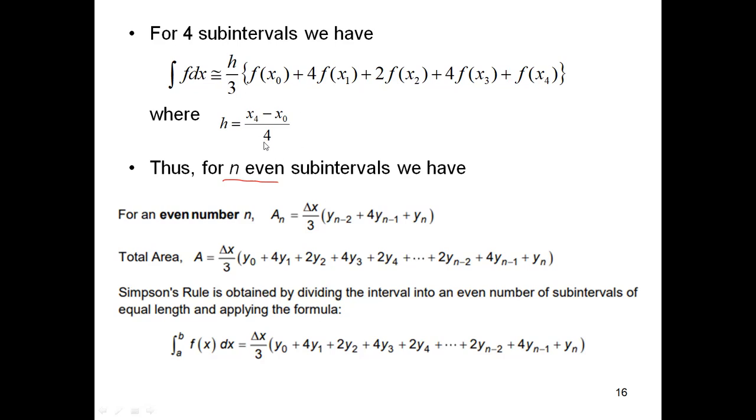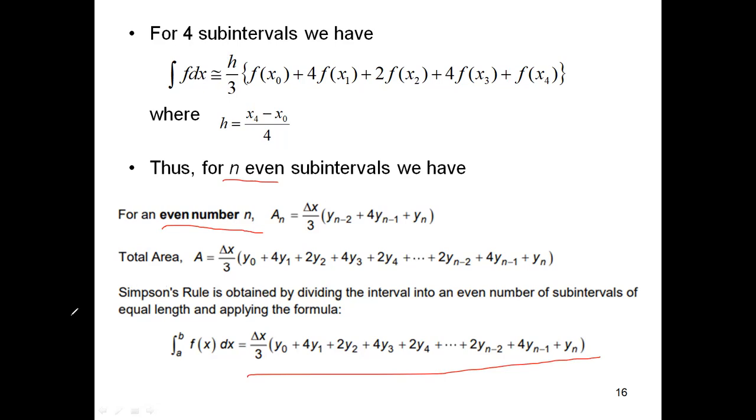So in this case, we have 4, so we divide by 4. Upper limit, the b, is x sub 4. The lower limit a is x sub 0. Now, what about if you have a more general formula for an even number of divisions? So that general formula is this one.